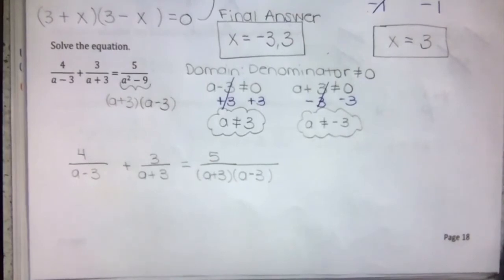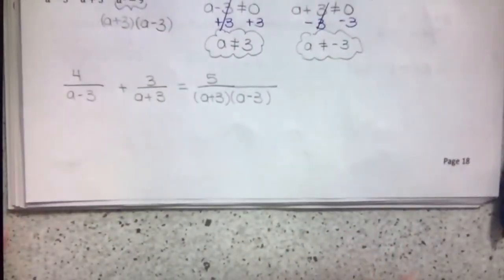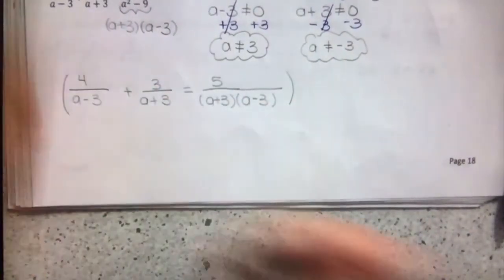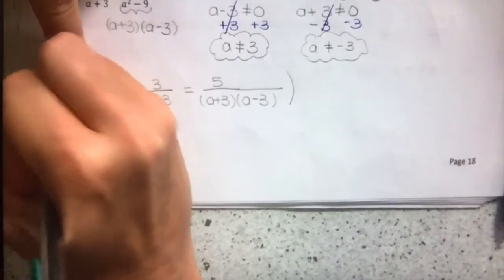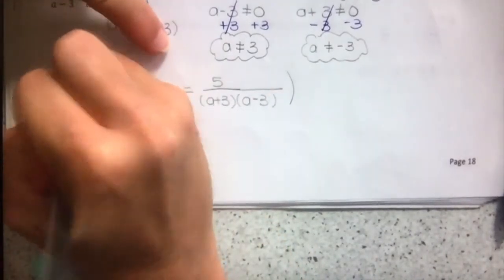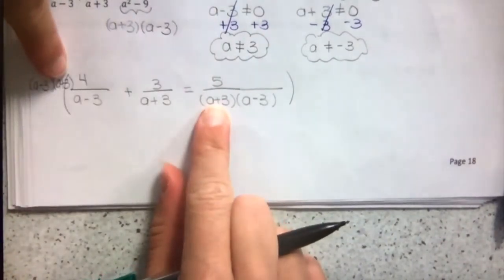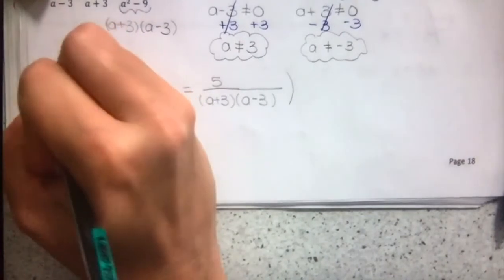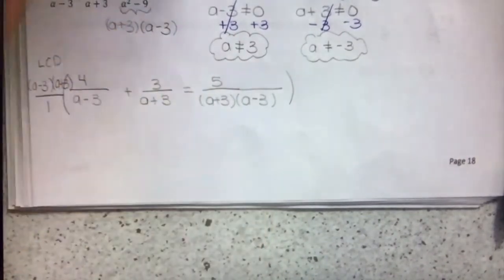To get rid of our fractions, we're going to have to multiply by the LCD. So a minus 3 has to be there, and a plus 3 has to be there. So a minus 3 times a plus 3 is our LCD.